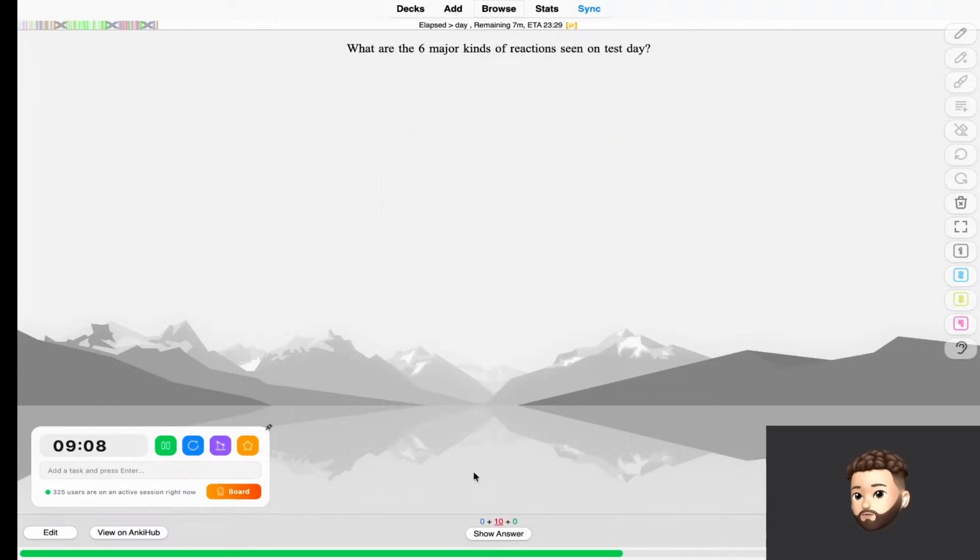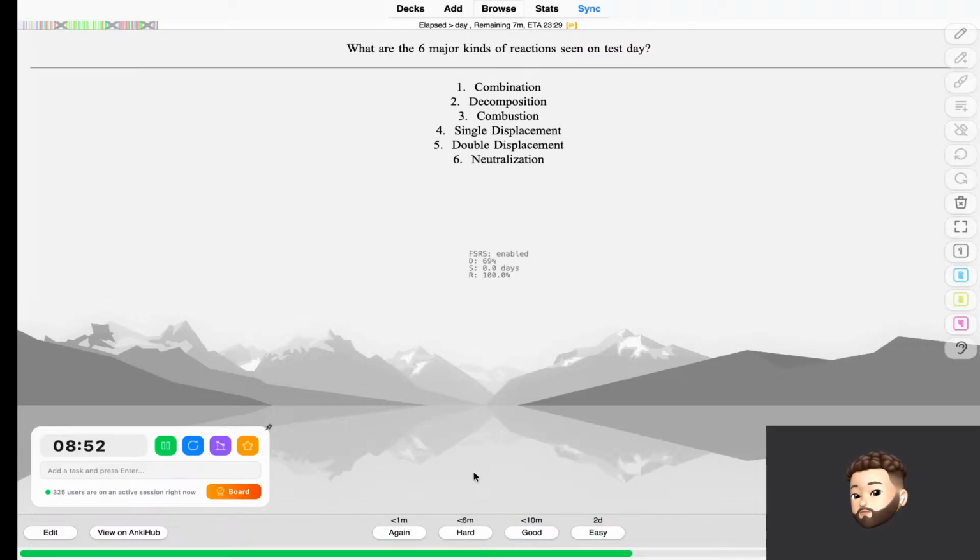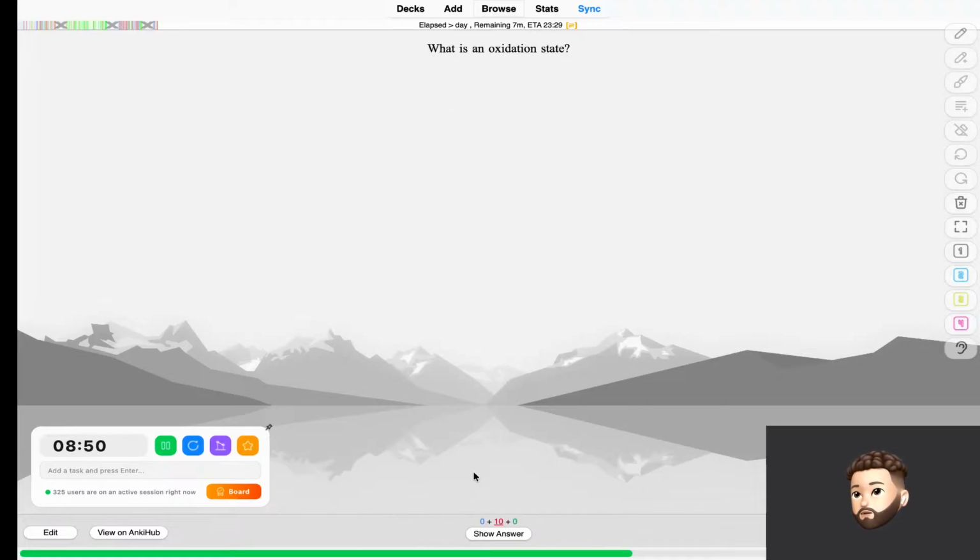Six major reactions: combination, combustion, decomposition, neutralization, single displacement, and double displacement. What is an oxidation state? An oxidation state is the hypothetical charge if all the bonds in the compound were ionic.